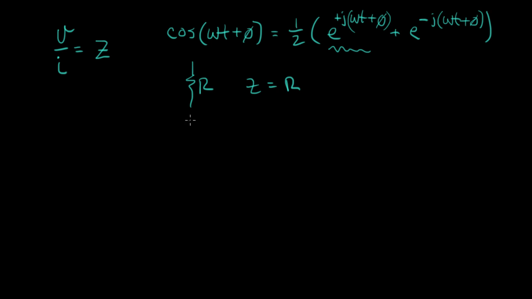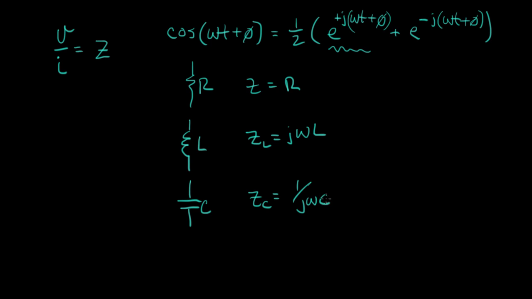For an inductor, we decided Z of an inductor was equal to j omega L. And finally, for a capacitor of value C, Z_C equals 1 over j omega C. So those are the three impedances of our three favorite passive components.